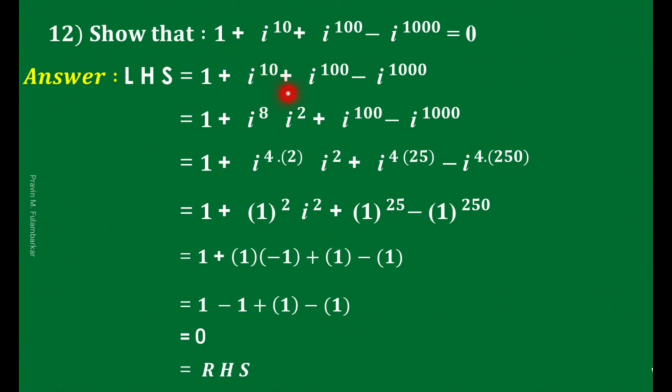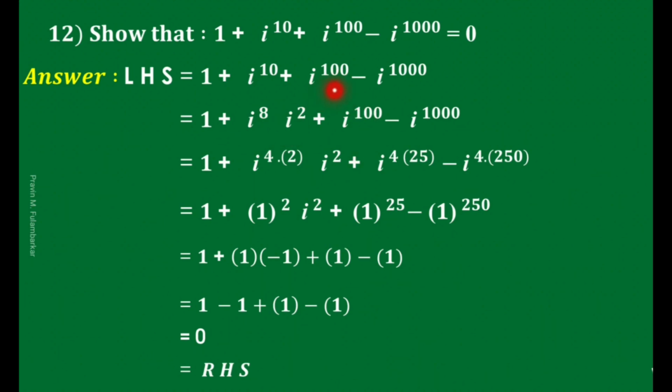1 plus i raised to the power 10 plus i raised to the power 100 minus i raised to the power 1000. First we try to reduce that power to a multiple of 4 directly, or if it is not directly a multiple of 4, we split up the power. So we write 1 as it is, i raised to the power 10 as i raised to the power 8 into i square.